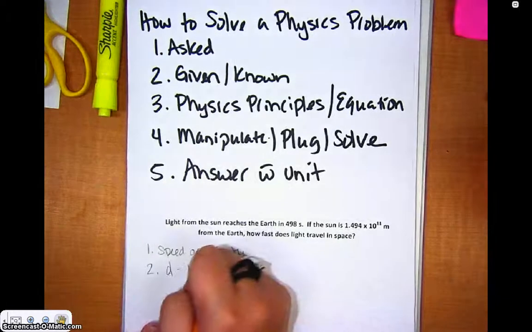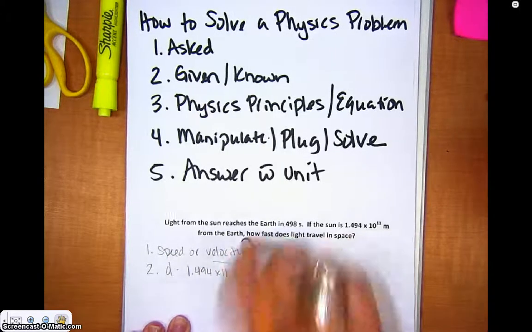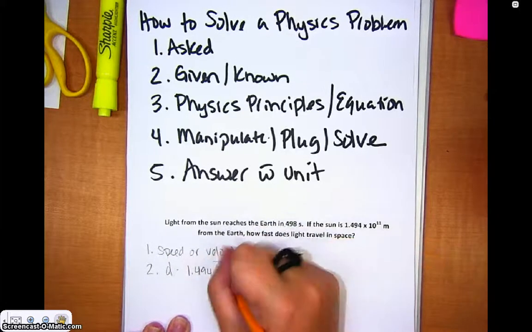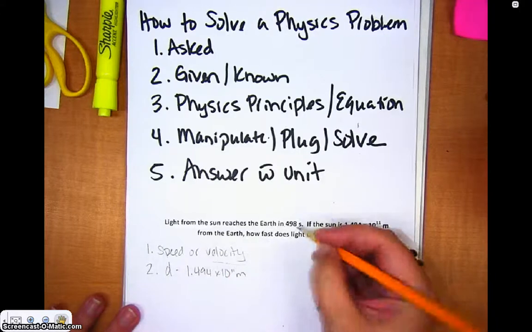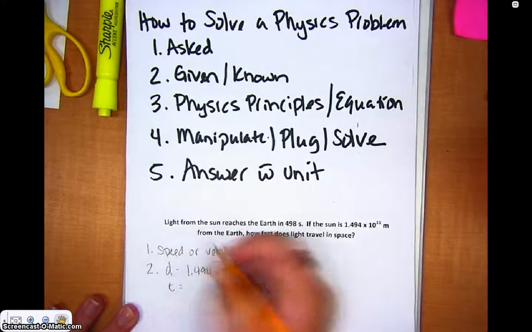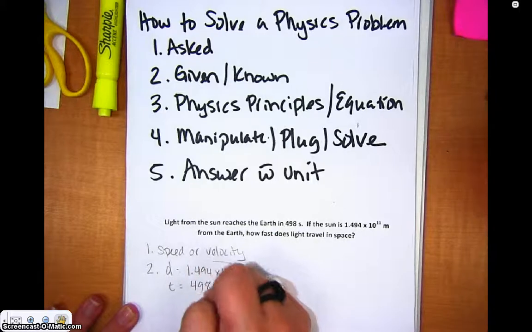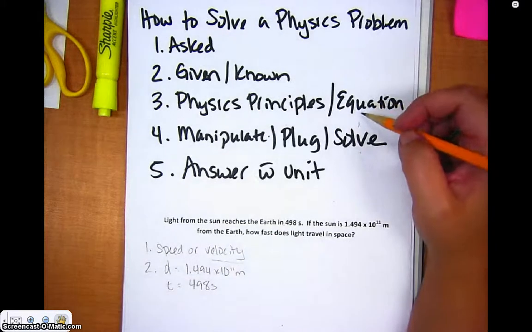It's 1.494 times 10 to the 11th meters. And the other information that we're given is time, and we're given that as 498 seconds. Right? Now the third step is to identify the equation and physics principles that apply.